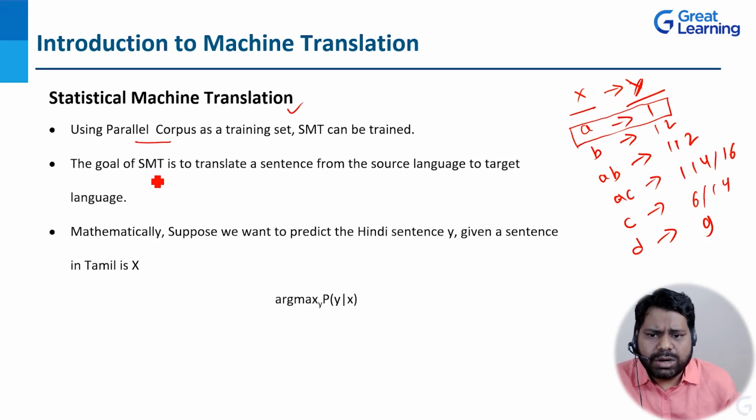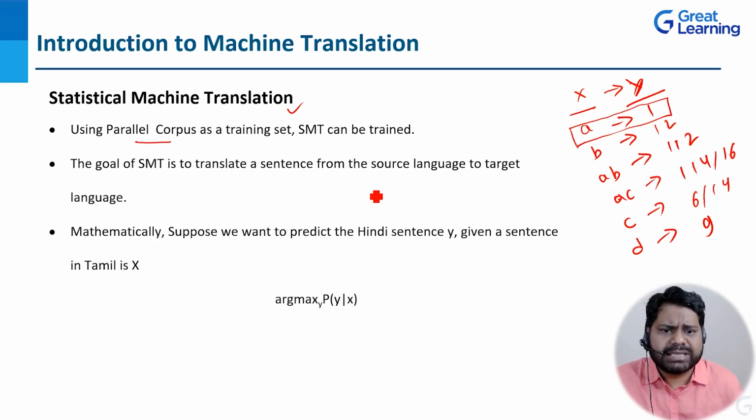So the goal of SMT is to translate a sentence from a source language to a target language. Mathematically, suppose we want to translate a Hindi sentence, that is Y, given a sentence X that is written in Tamil, or the speaker is speaking in Tamil.